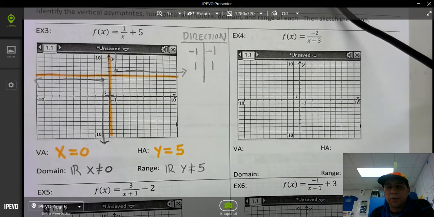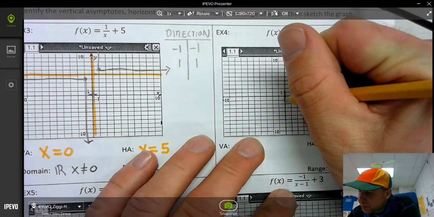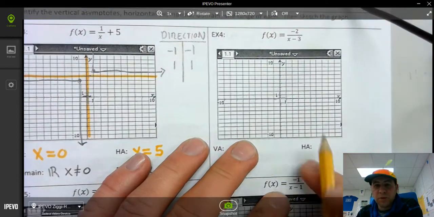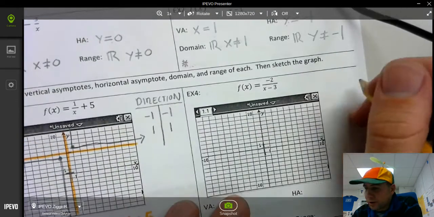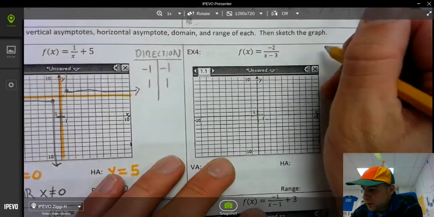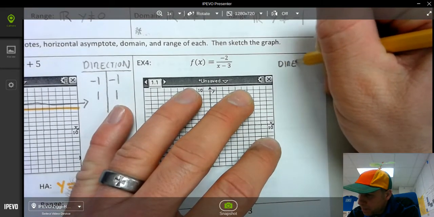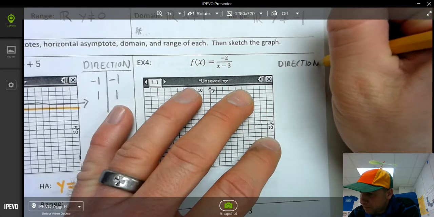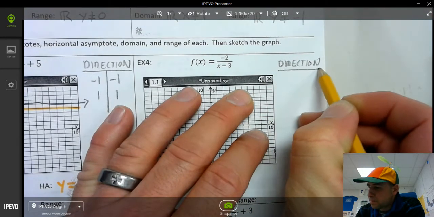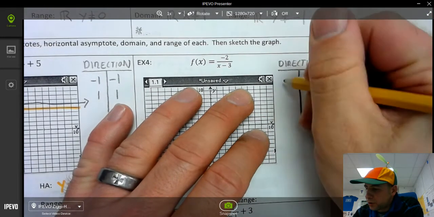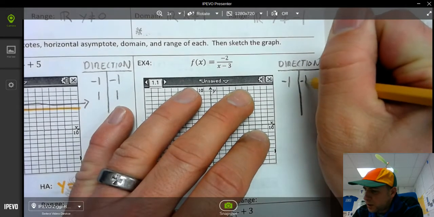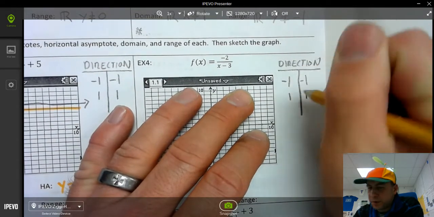All right. So, now when we graph, we move the asymptotes and we graph by direction. We know our directions are -1, -1, 1, 1.